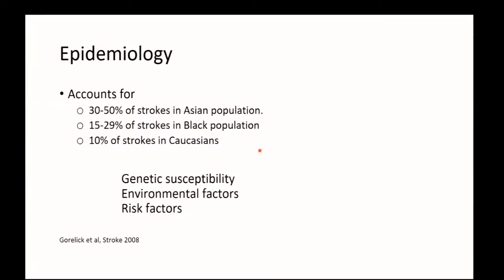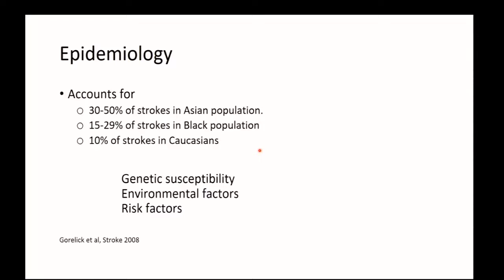Epidemiology, let's begin. ICAD accounts for 30 to 50% of strokes in the Asian population. Talking about the Asian population, including Chinese, that would make it the most common cause of stroke worldwide. 15 to 29% of strokes in the Black population, 10% of strokes in Caucasians.